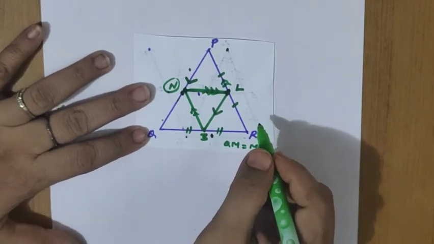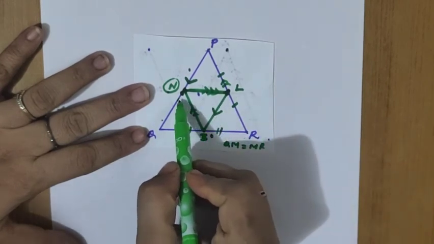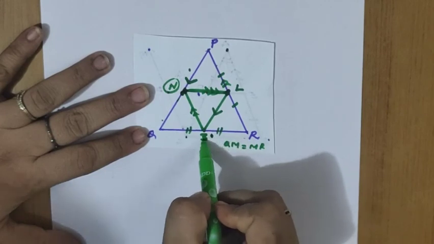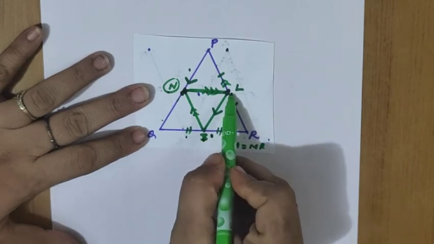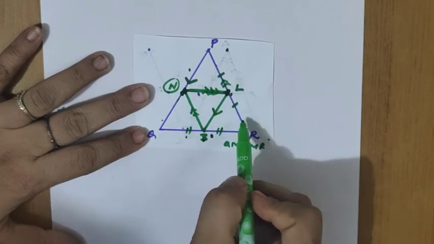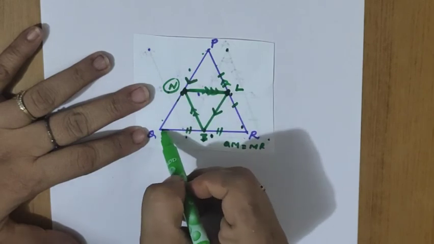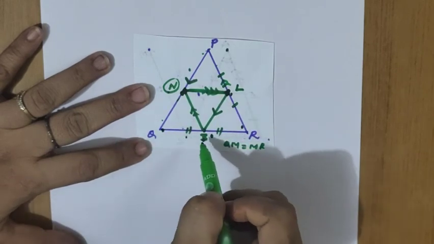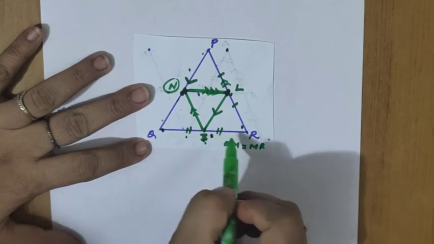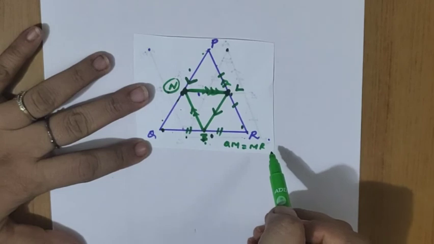So what is the statement? The line segment joining from the midpoint of one side, parallel to the second side, bisects the third side. Again from here, L is the midpoint of the first side of the triangle. LM is parallel to the second side of the triangle, that is PQ. If these two conditions are satisfied, then M bisects the third side.